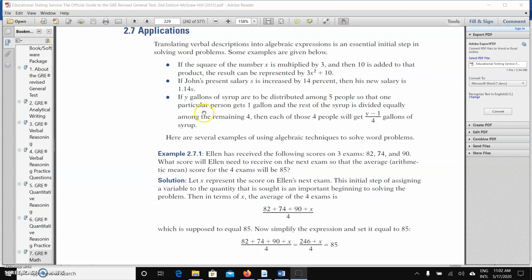The rest of the syrup is divided equally among the remaining 4. So that will be y minus 1 divided by 4. Y minus 1 has removed the one that was given out. So which is here, y minus 1 over 4. So just please understand that these are word problems, interpretation of words, something I believe you can get.